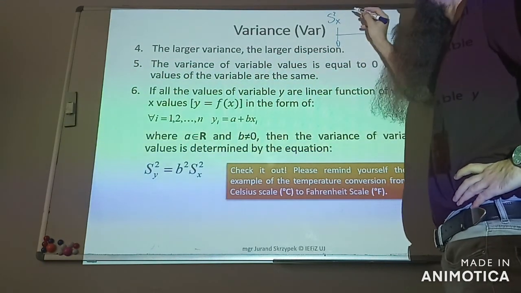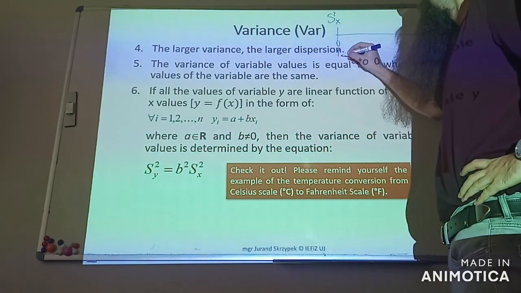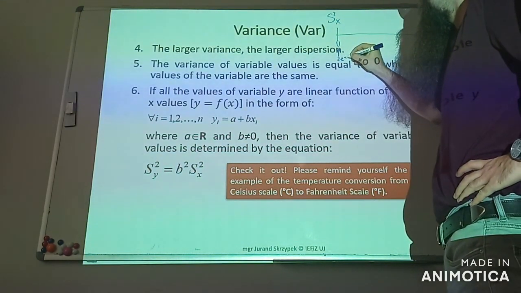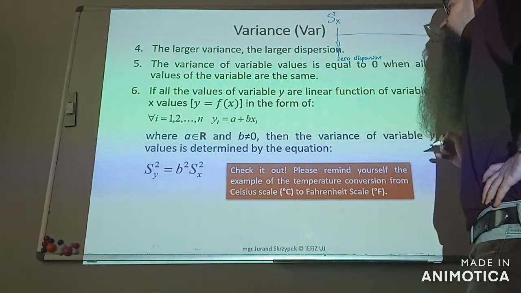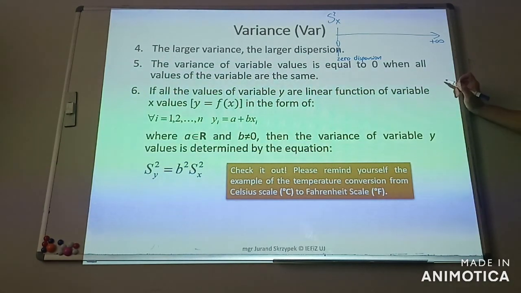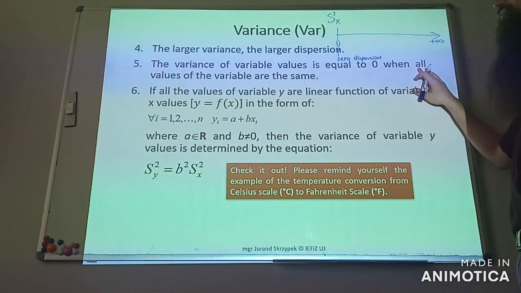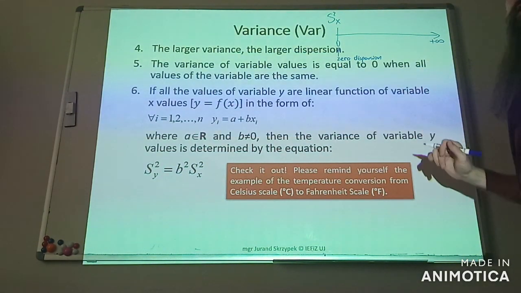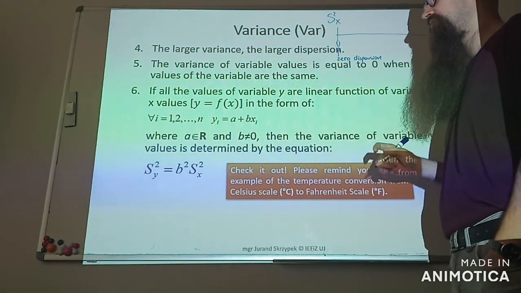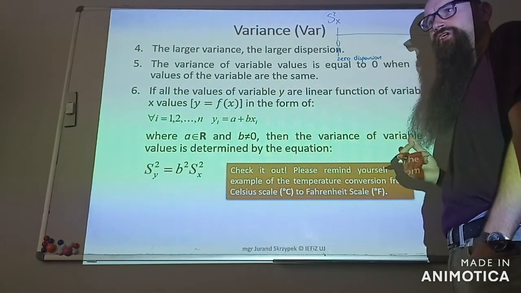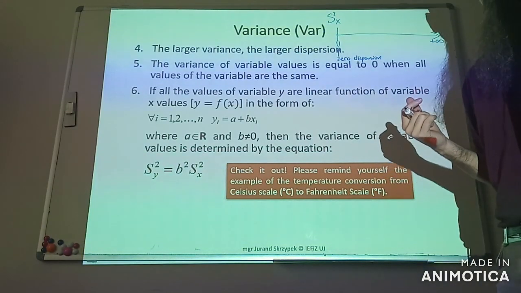If our variance takes the value 0, it means that we are talking about zero dispersion, zero differentiation of the observed values. It means that this is the situation when all the values of the variable are the same. So, in other words, there are no differences between the values of our variable and the mean value.